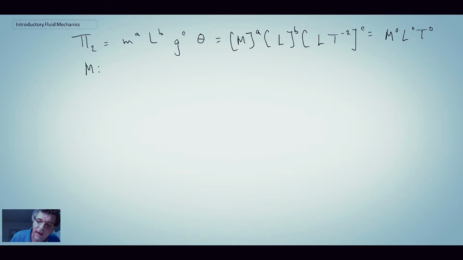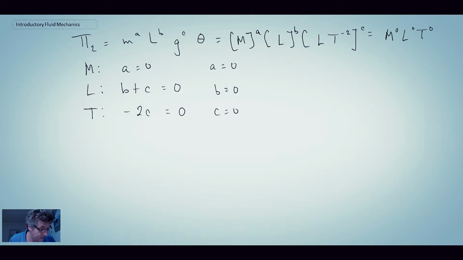We have an A, and that is equal to 0. Then looking at length, on the left-hand side we have B plus C, and on the right-hand side that's equal to 0. Finally, for time, on the left-hand side we have minus 2C, and that's balanced by 0 on the right. So what are we getting here? We're getting A equals 0, C equals 0, and B equals 0.